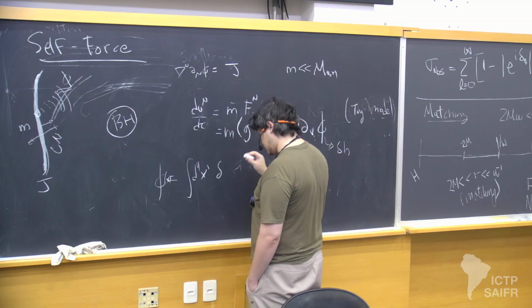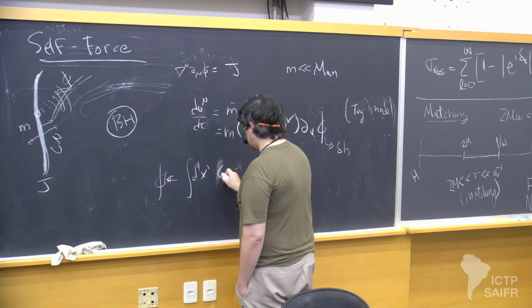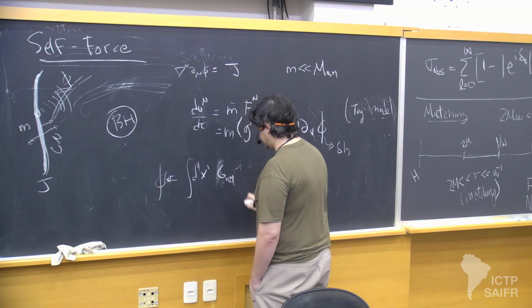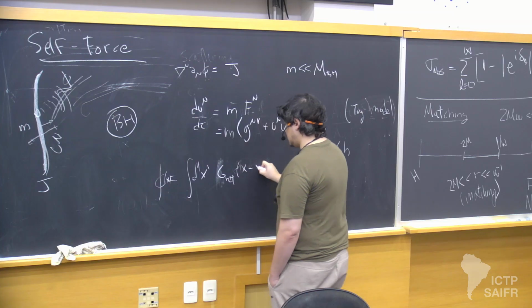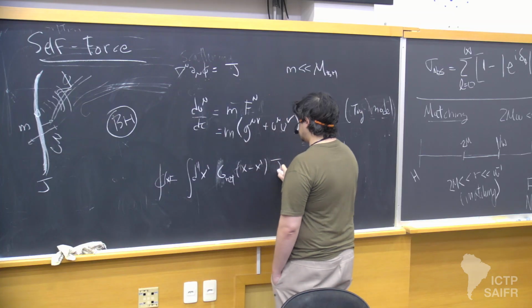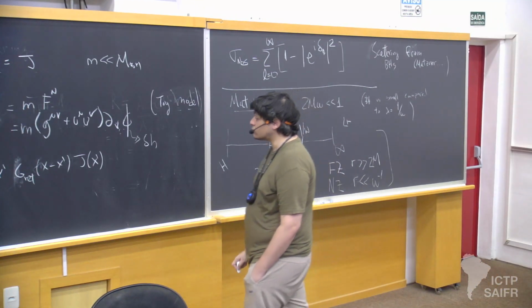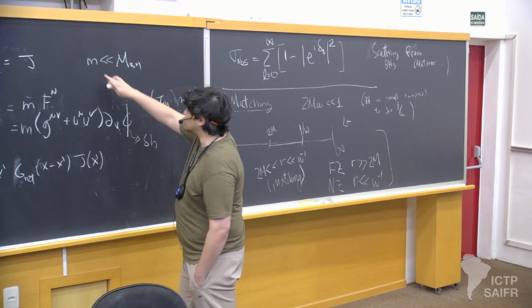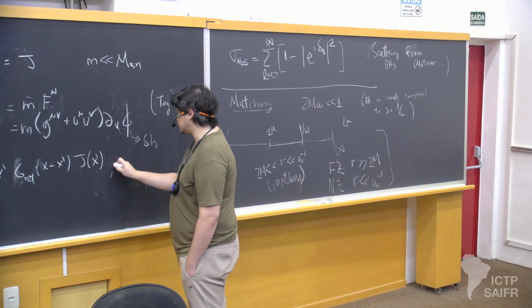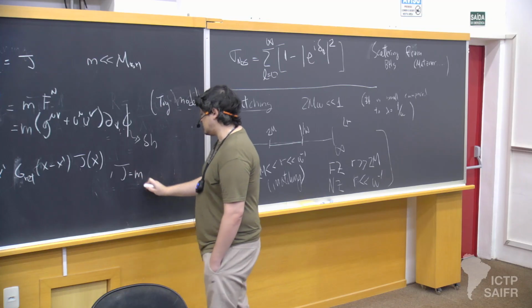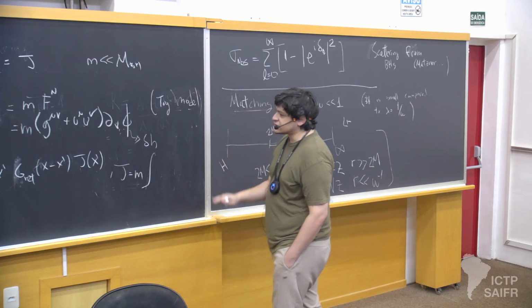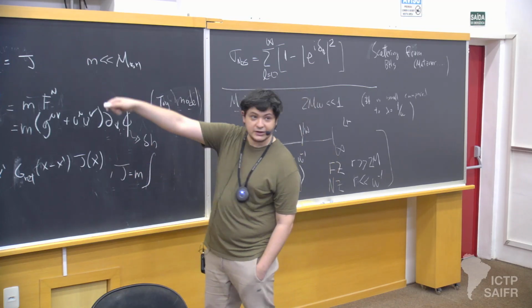Right, so you have a retarded propagator. This is how you solve the equation, and then you have a source. The source has something to do with the mass, right? So let's just write the source explicitly. The source is supported only on the world line.